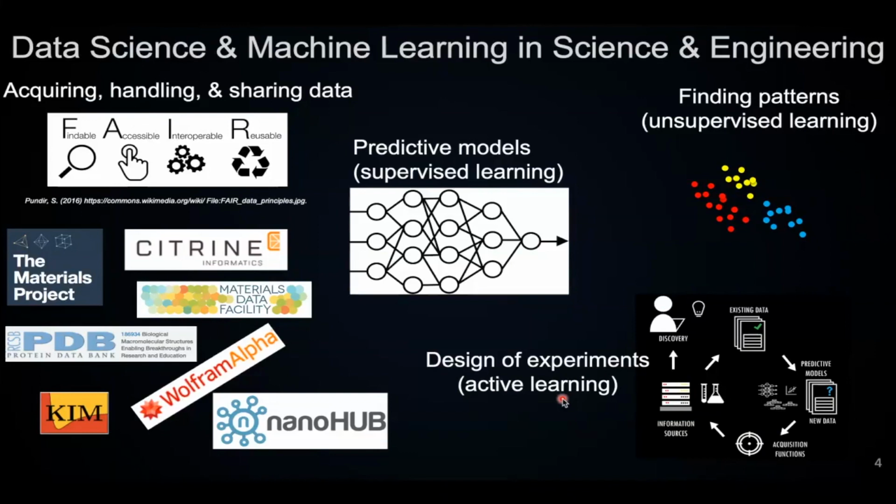Kind of in a way similar to how Amazon recommends to you what to buy next. Imagine having a system that, if you're in the lab, tells you what experiment to perform next.